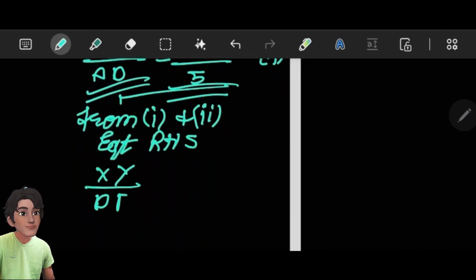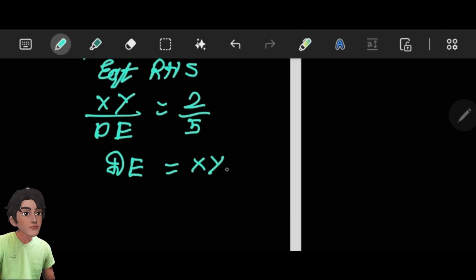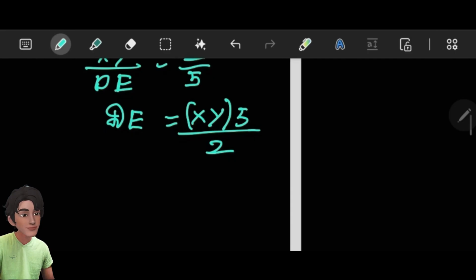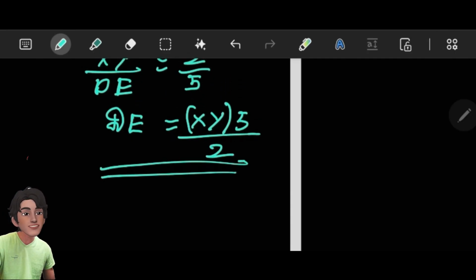Therefore XY by DE is equal to 2 by 5. Therefore, taking DE on one side and pushing the rest to the other side of the equal to sign, we are getting DE is equal to XY times 5 by 2. Now let's keep this as our equation 3.